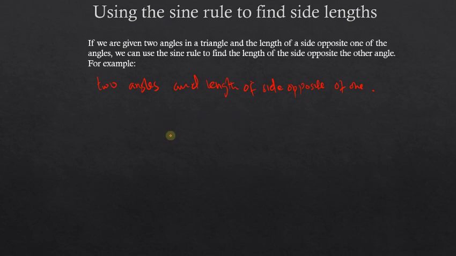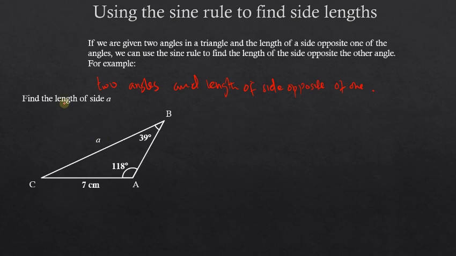In this question, they ask us to find the length A. From analysis we can see that we have angle B, we have angle A, and we have the length of the side opposite B. We don't have the length of the side opposite A. So we can write a relation that involves A and B. We don't have any data on C, so we will not include C in this relation.